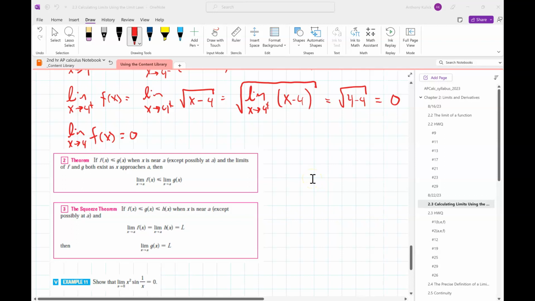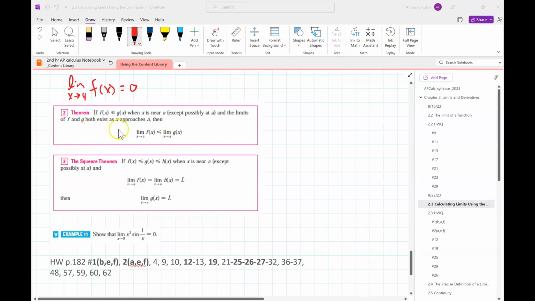Next idea, and this is a big one on the AP exam. There's almost always going to be some part of a free response question involving the squeeze theorem. So this is one that you'd want to for sure have memorized.